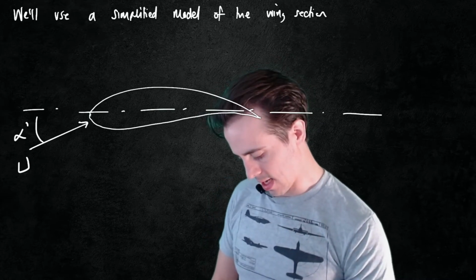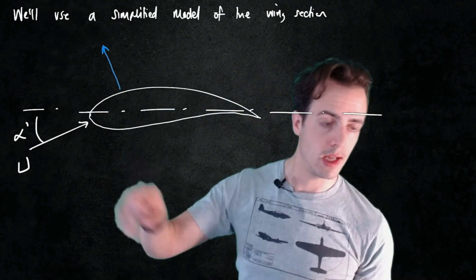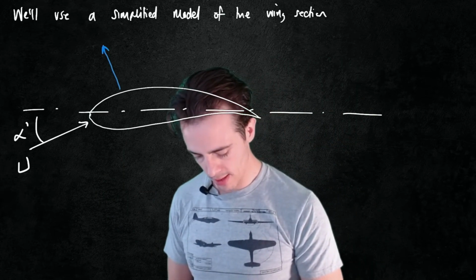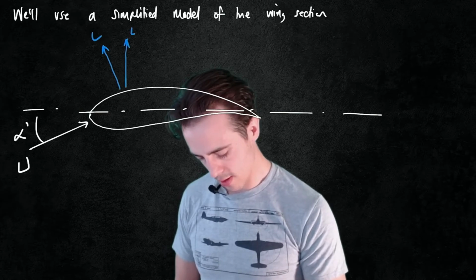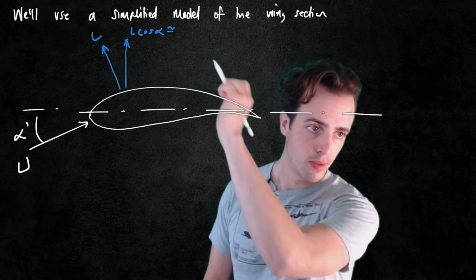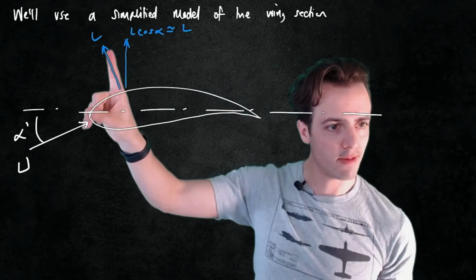Lift is acting at 90 degrees to the incident flow vector, which means that the component that's acting upwards is going to be L cosine alpha. And we've already said we can make the approximation that this is simply equal to the lift. So we don't need to worry about the fact that the lift acts this way.